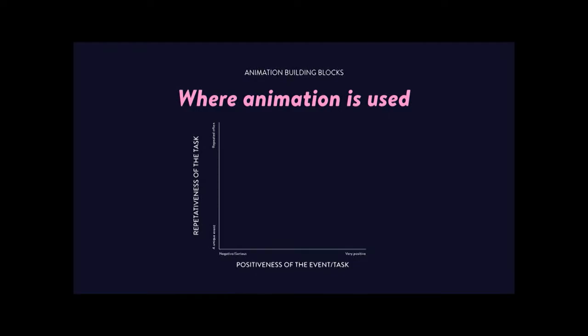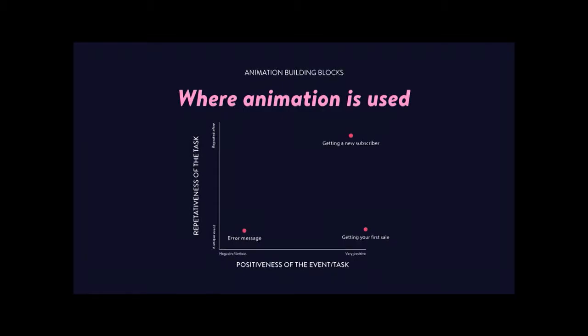You can get a feel for this when we plot some of these things. Error messages are pretty negative, and hopefully don't happen often. If that's not near the bottom of the frequency chart, we should talk after class. That's a problem. Things like getting your first sale are super positive and can only happen once, right? At least once per thing you have to sell. Getting new subscribers is pretty positive, and could hopefully happen really frequently. I hope it does.